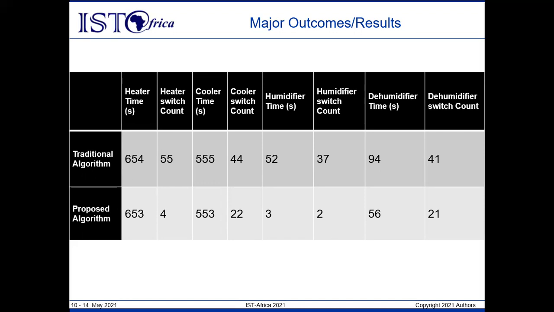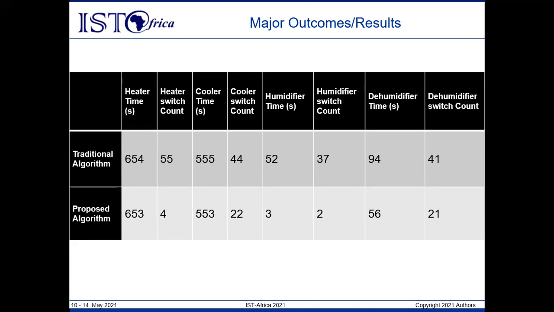But the real difference, the most significant one, was shown in humidification, because when using the proposed algorithm, the humidifier only ran for 3 seconds, but it ran for 52 seconds when using the traditional algorithm, which is 17 times more.